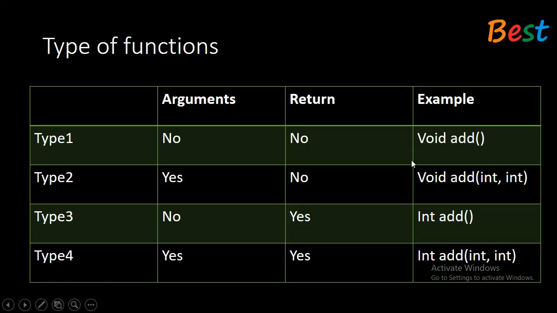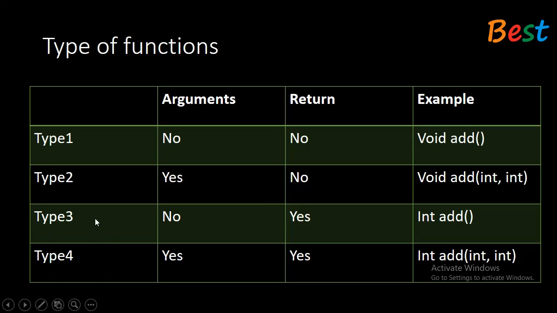Second type has arguments but no return. For example, void add, and there are two arguments, int. You can add more than two or less than two arguments as you wish.